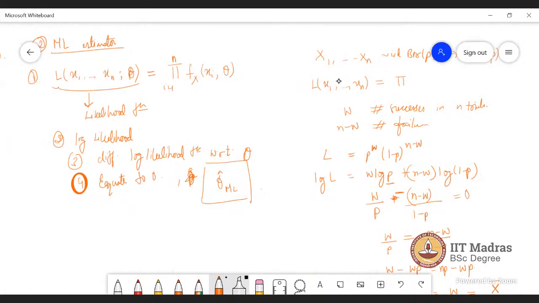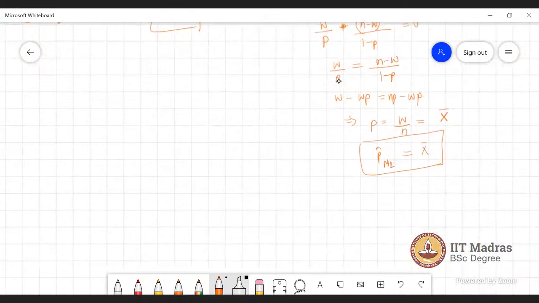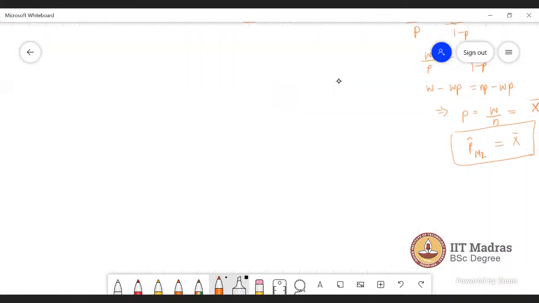So we have seen the method of moment and the ML estimator, and similarly, if we have to find the Bayesian estimator, then we will always have to take care that our parameter theta is a random variable.